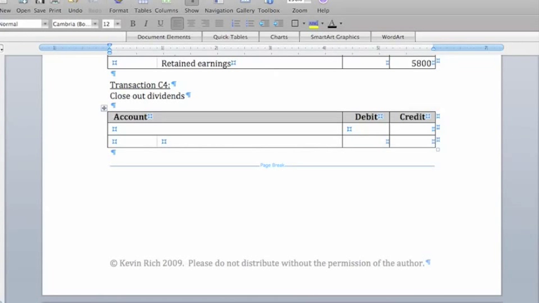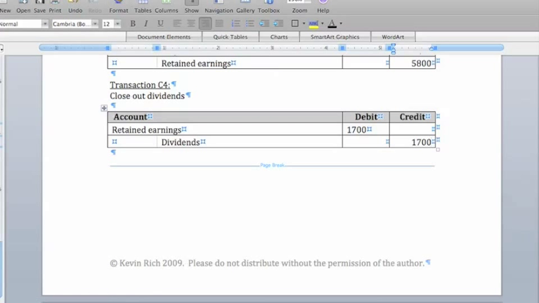And so what we'll end up having is a debit to retained earnings for the $1,700, and we'll have a credit to dividends to close that out for $1,700 as well. And this makes sense because retained earnings are the profits that the owners have chosen to leave in the firm. So when they pay out a dividend, that money isn't in the firm anymore.